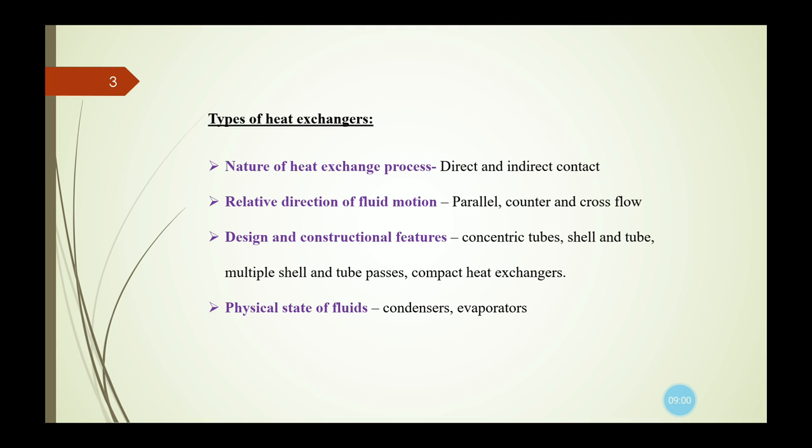These heat exchangers, that is recuperators, are used when two fluids are not allowed to mix, that is, when mixing is undesirable. Examples of this recuperator are automobile radiator, air preheater, intercooler, then economizer and superheater, which are used in a power plant. So these are some examples of the recuperator type of indirect contact heat exchanger.